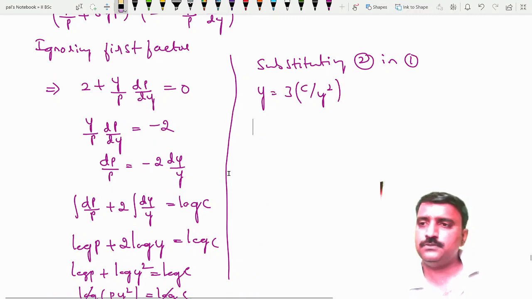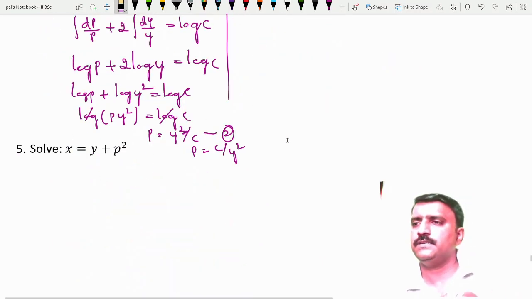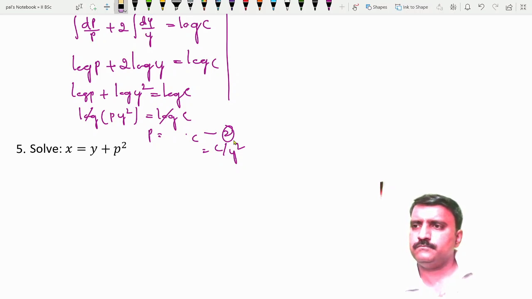Okay, now it is working. Y is equal to 3px plus 6y square p square.